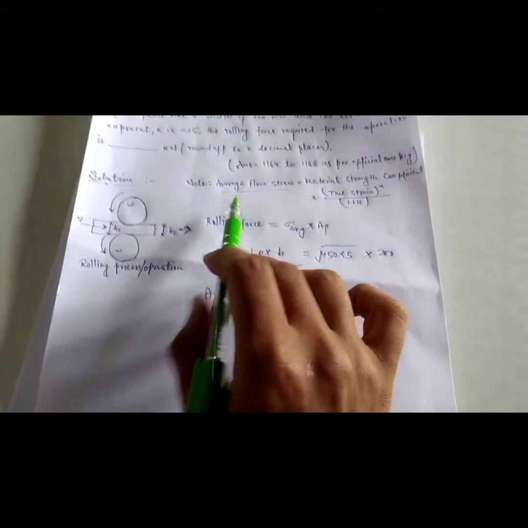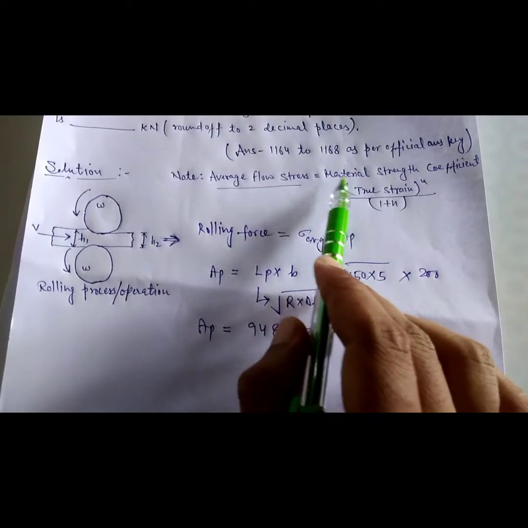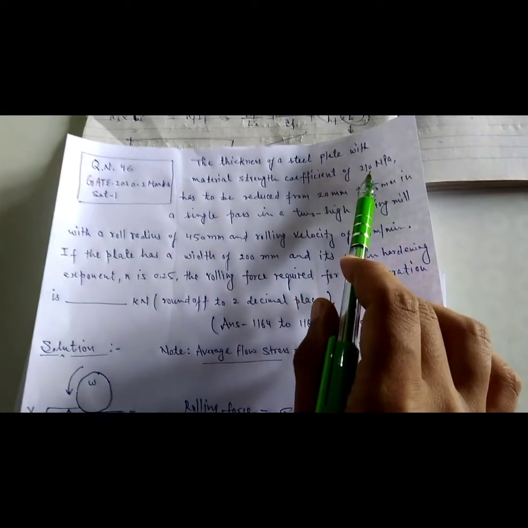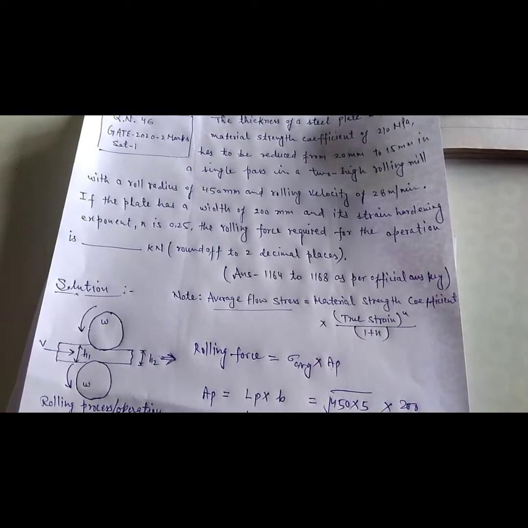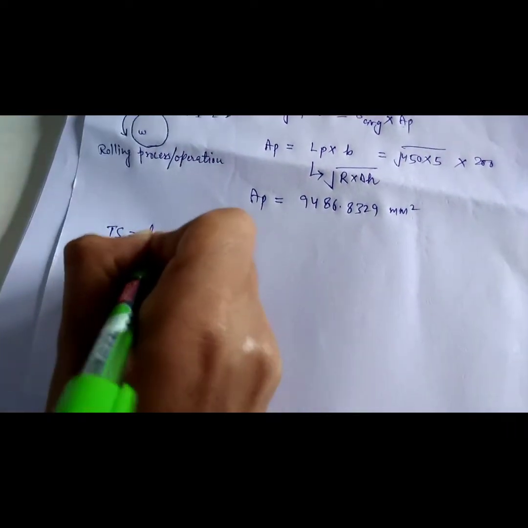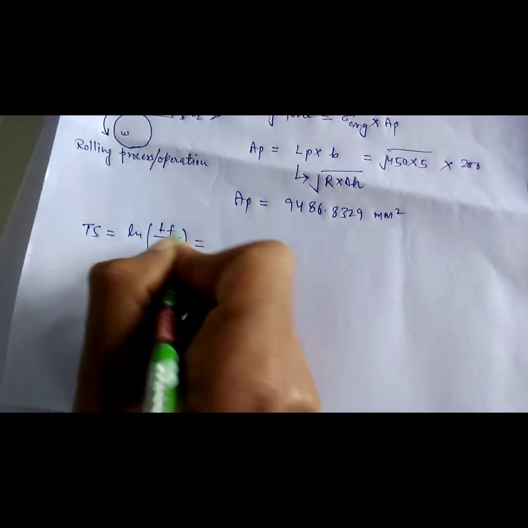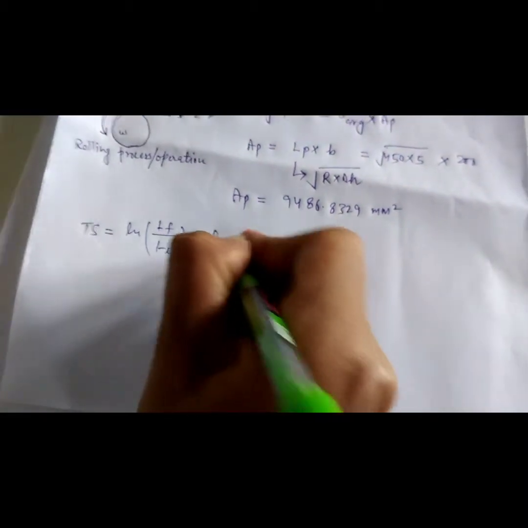Now we need to calculate average flow stress, which is equal to material strength coefficient, and it is given in the question as 210 megapascal. We do not have true strain, so finding true strain will be equal to ln of LF upon Li. LF is the final length of the plate and Li is the initial length, and this is also equal to ln of AI upon AF.